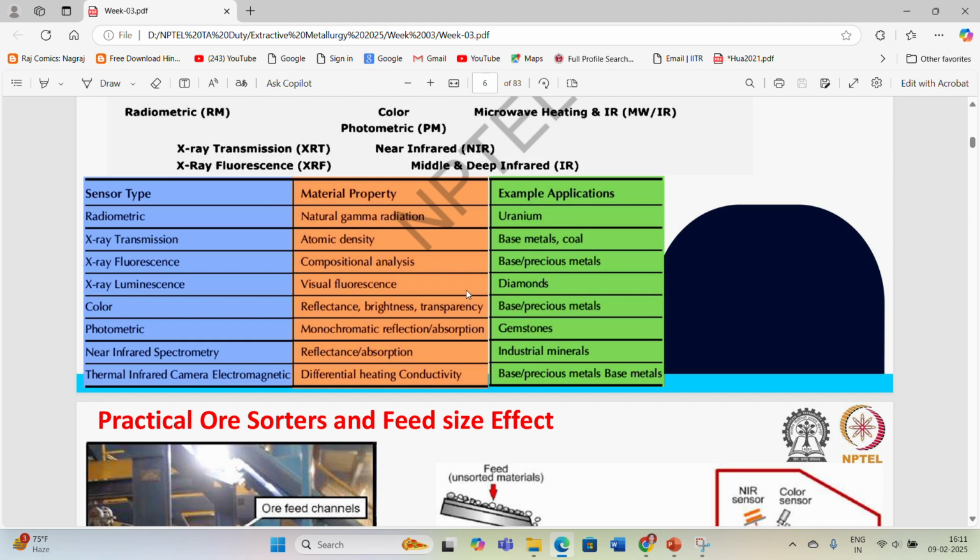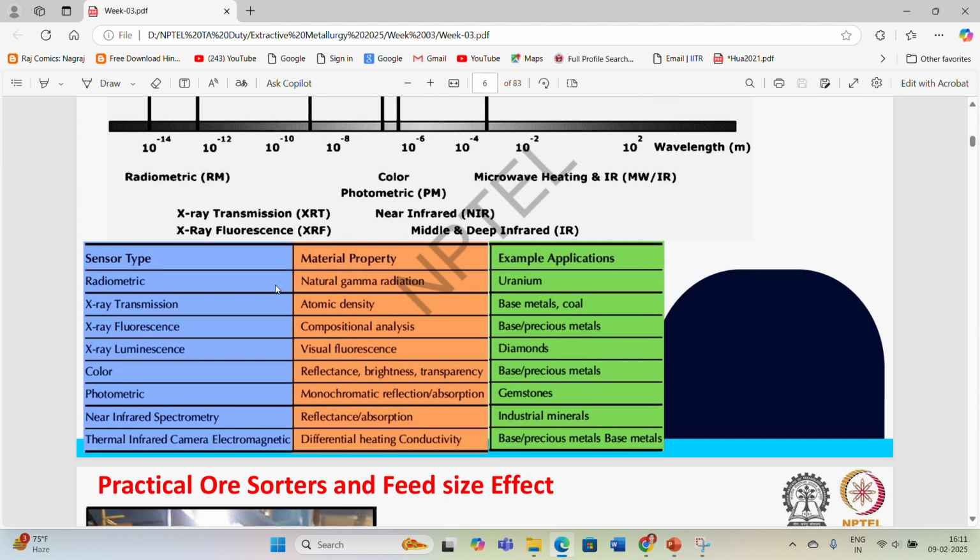These can work on different electromagnetic wave ranges like radiometric, radio waves, X-ray transmission, X-ray fluorescence, and color photometrics, and the material properties vary accordingly. We use a particular sensor type according to the material property. For example, if we have a material property like radioactivity, then we can go with the radiometric type sensor system, and we can apply it for the mineral beneficiation process of uranium ore or thorium source.